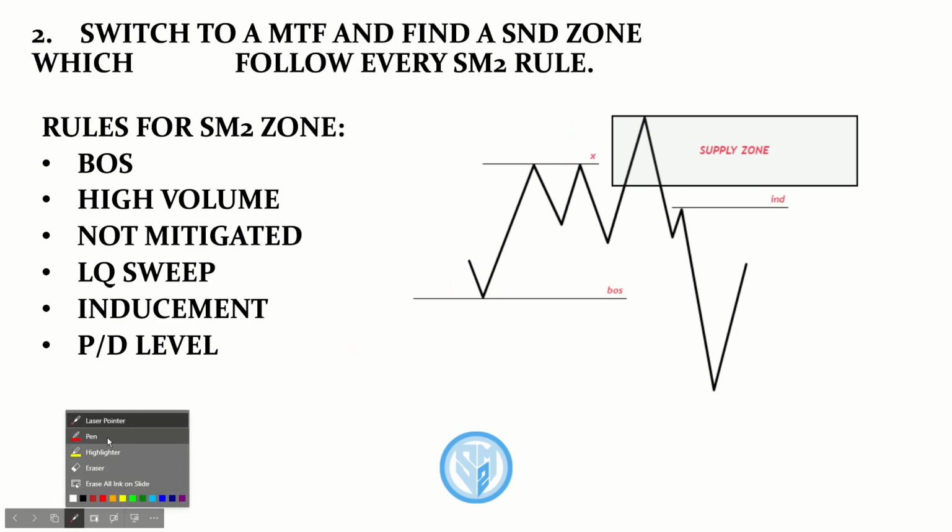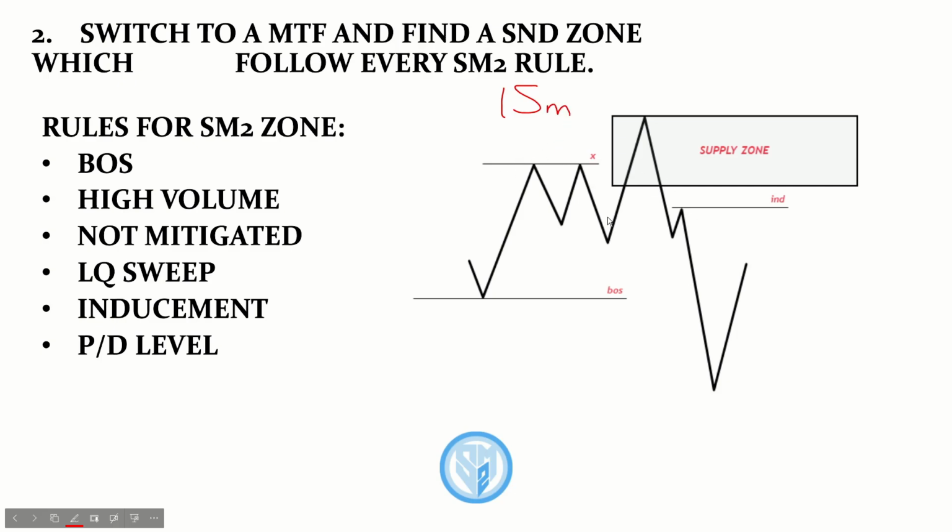You guys can see here on the 15-minute time frame, we have these set of equal highs, right? And then price sweeps these equal highs. Now the move which swept those equal highs is later on our supply zone. So that is exactly what we need to see our supply zone doing for it to also coincide with this rule. So that's the liquidity sweep rule checked off as well, okay?